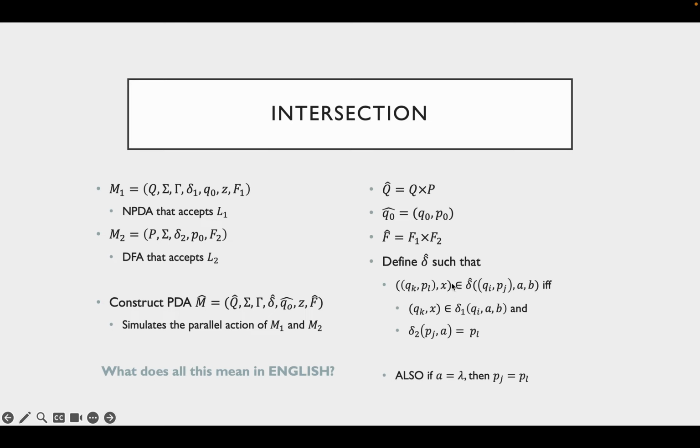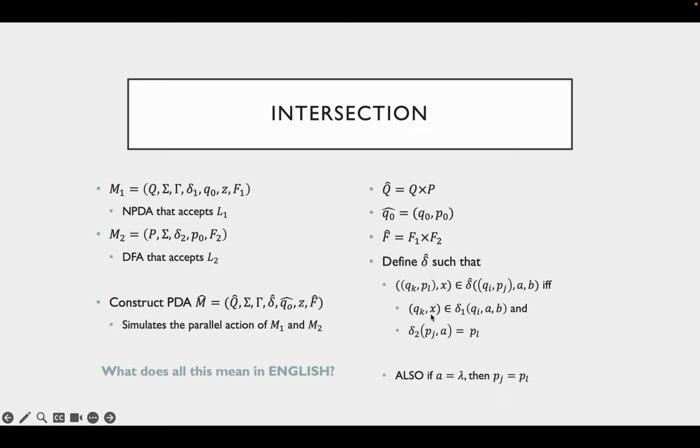But we only do that if this is a valid transition in M1. So if we're in M1 and we're in state QI, we read an A, pop a B, and we can go to QK and push an X, then that's what we will do here.